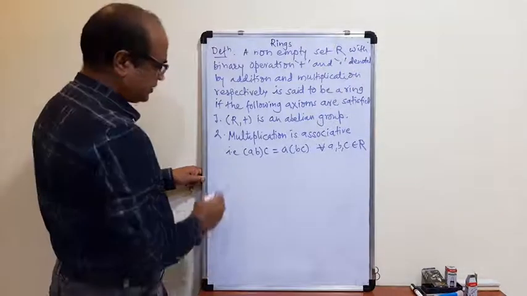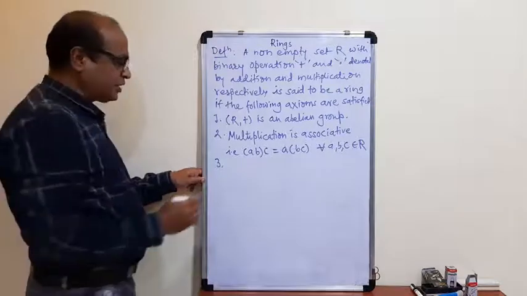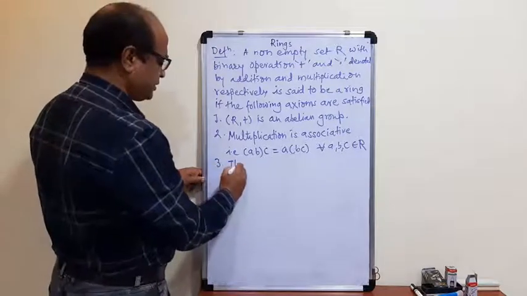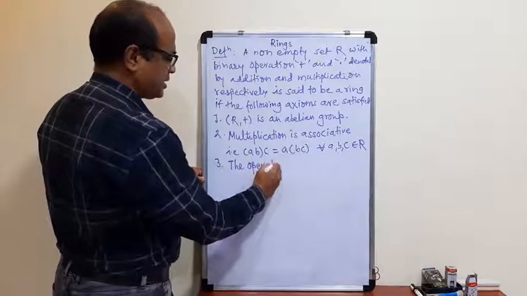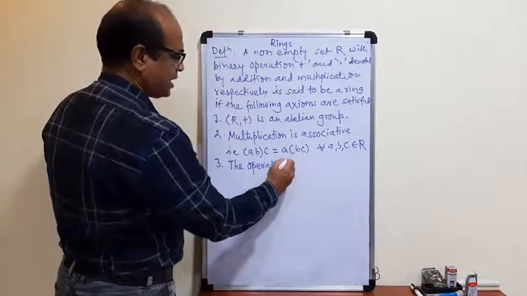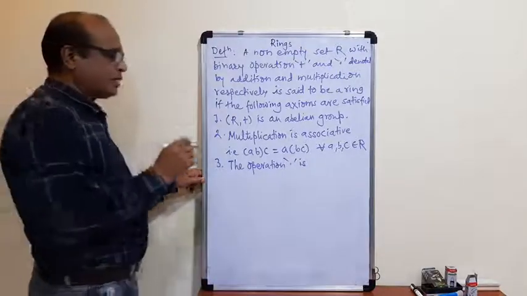Then the third property: the operation dot, that is the multiplication, is distributive over addition.